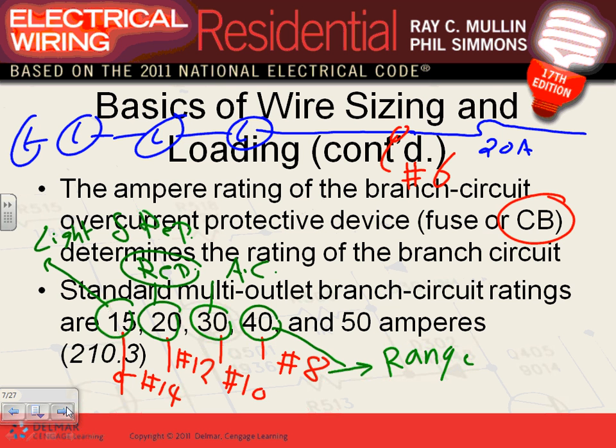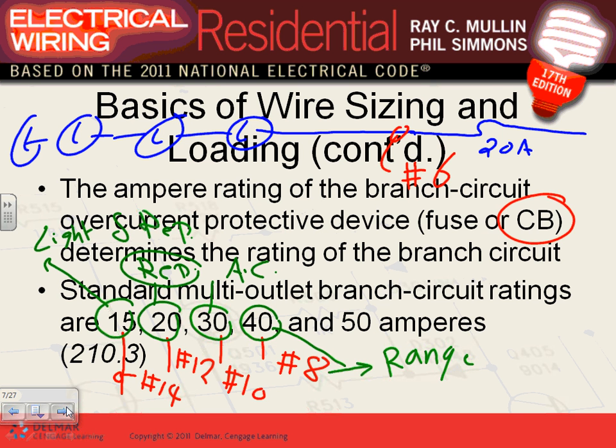Look at this. It's a 20 amp circuit, but I'm tying to it a number 6 conductor. Why do I do that? Because of voltage drop. So what's the difference between this 20 amp circuit and this 20 amp circuit? Nothing. Both of them are 20 amp branch circuits. One of them, because of voltage drop, I oversize the conductor.